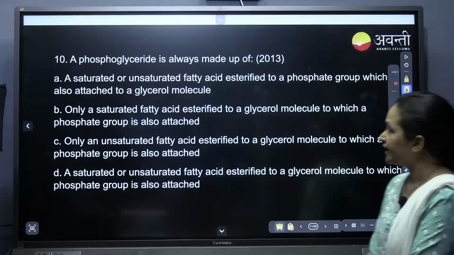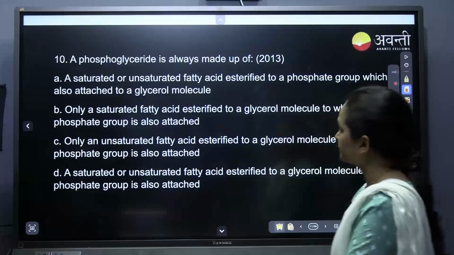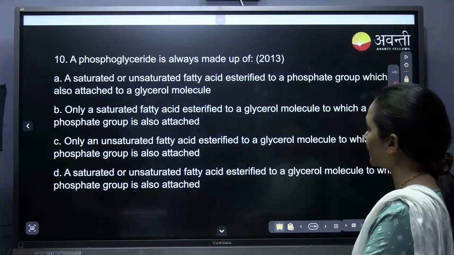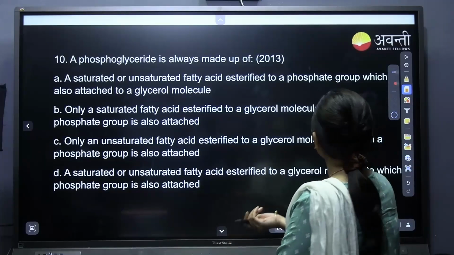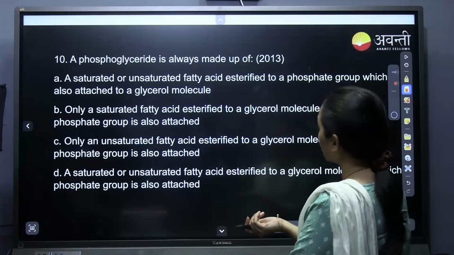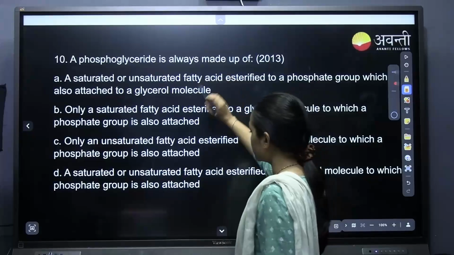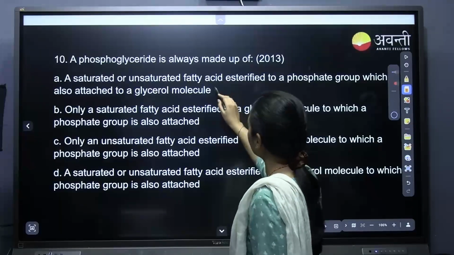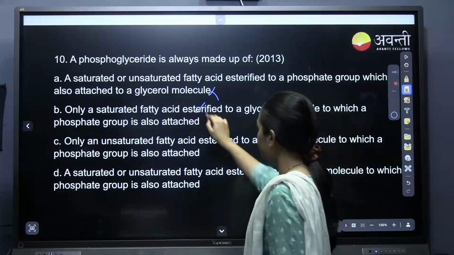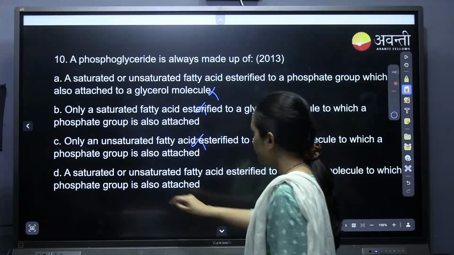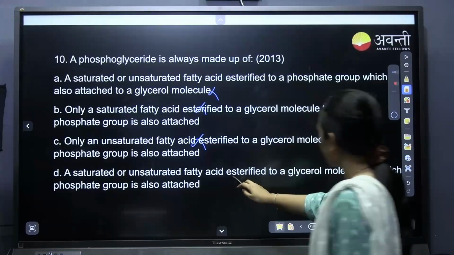A phosphoglyceride is always made up of. It can be saturated and unsaturated fatty acid, esterified with a phosphate group which is attached to glycerol molecule. No, it is not attached to the glycerol molecule. The only saturated fatty acid, no, it can be saturated or unsaturated, so that is fine.